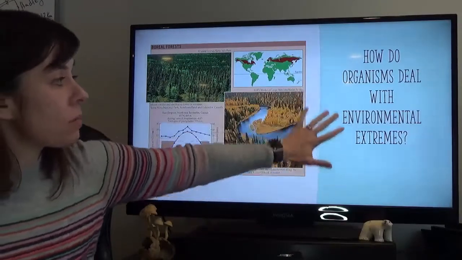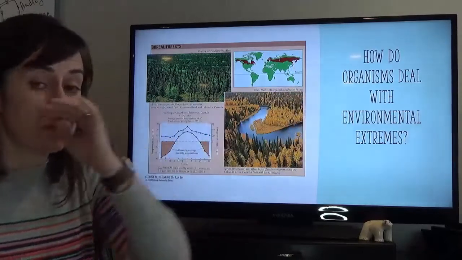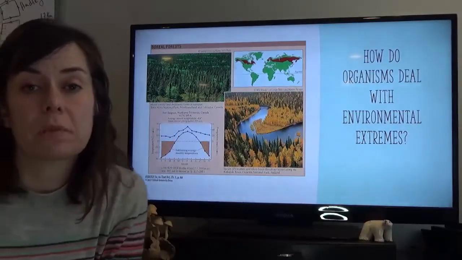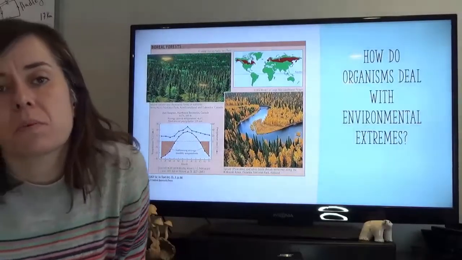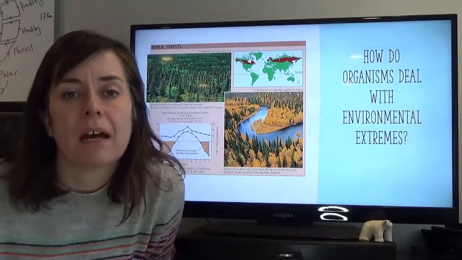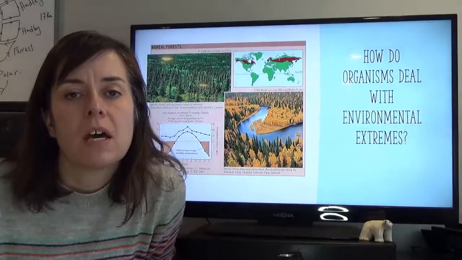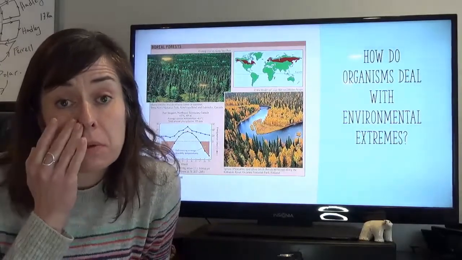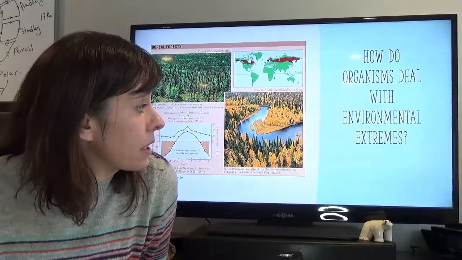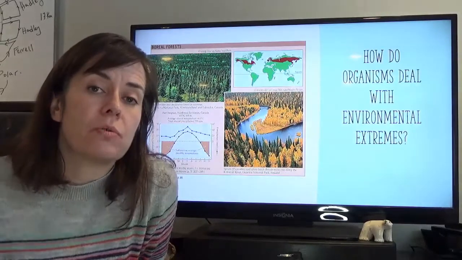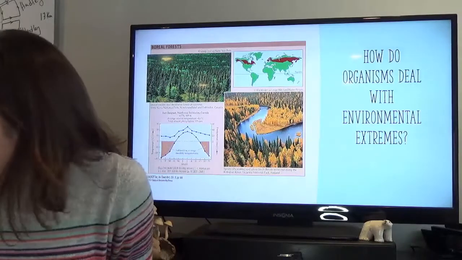So there's a whole range of environmental extremes or environmental stressors that organisms are faced with, and this depends on the organism. What is extreme for one organism is really just kind of middle of the pack for another organism, and so it has to do with the adaptations of those organisms, and that's what dictates their ability to deal with these different environmental conditions.